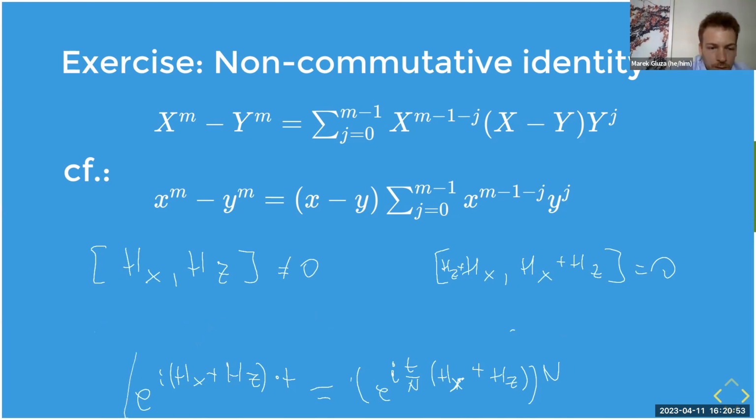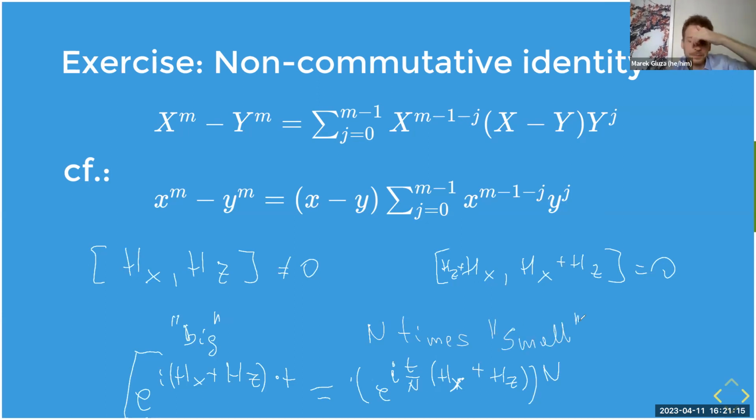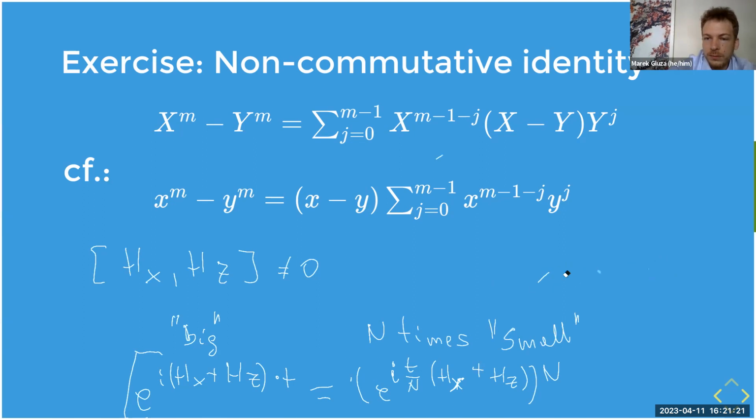So the full evolution, which I will call big, is n times the small evolution. This is very important. So n times small gives big. It is obvious that the same operator commutes with itself.